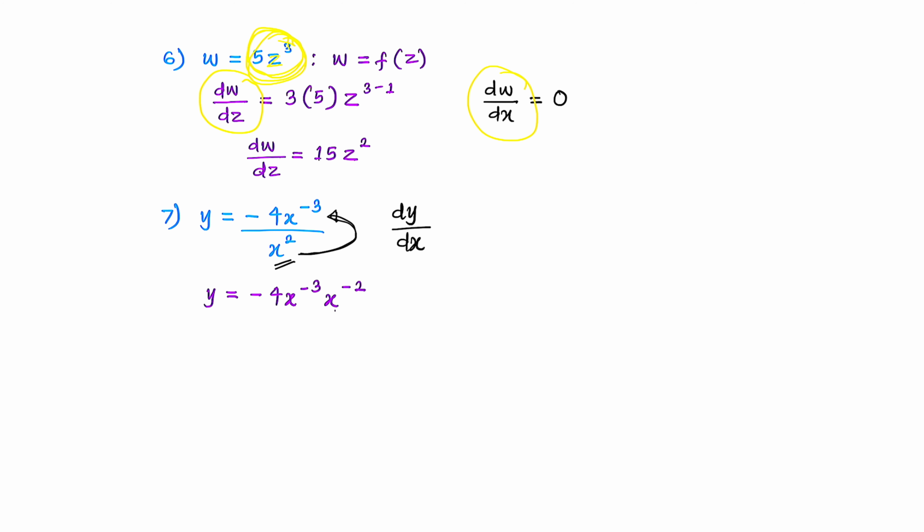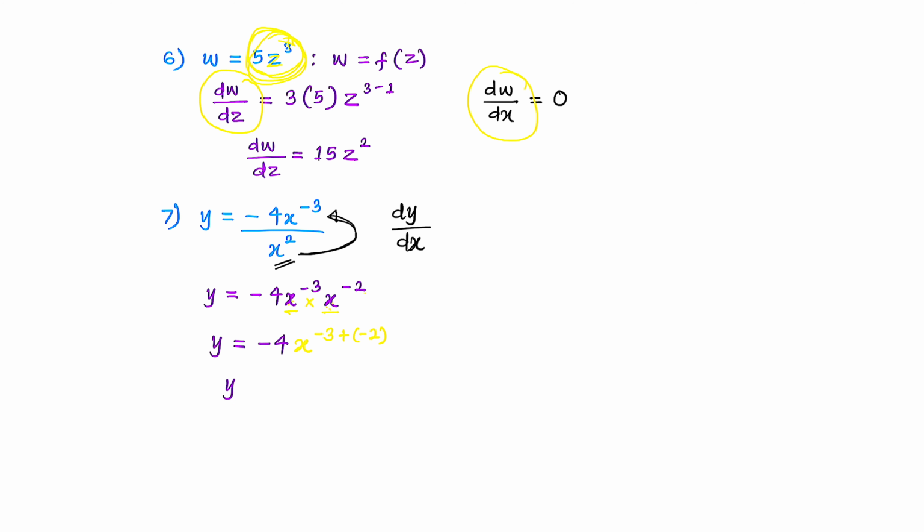So x, take only one of the x's, write the power and add them to each other. Why? Because the sign in between them is multiplication. If the sign in between them was division, you subtract the powers. But since the sign is multiplication, you add the powers. This can only be applied when you are multiplying two variables and the variables are exactly the same.